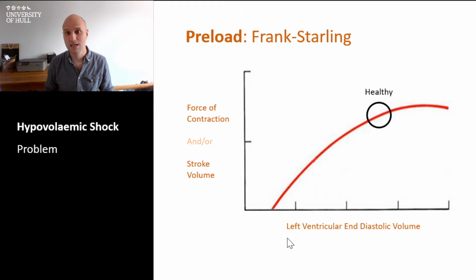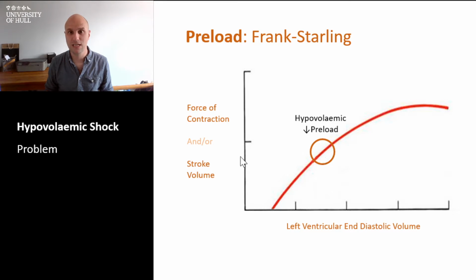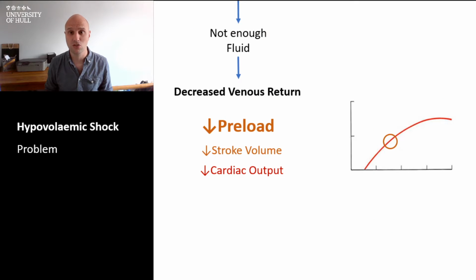In a healthy individual who's well filled, you can see that the left ventricle is nice and full, and so the force of contraction and stroke volume are going to be good. In somebody who's hypovolemic, the issue is that the left ventricle never really fills sufficiently to have good contractility or a good stroke volume. And this is the main issue that we see with hypovolemic shock.